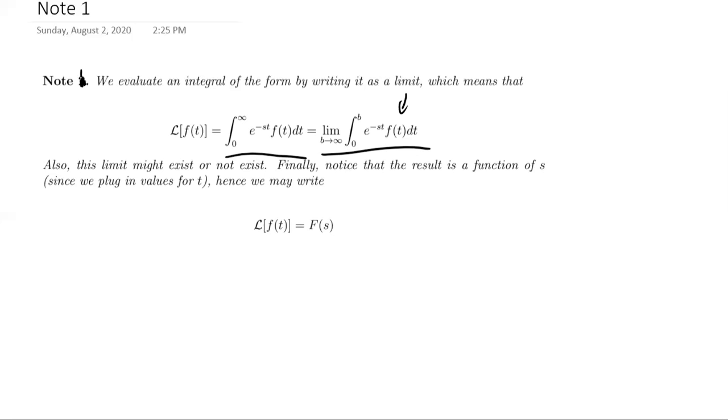Okay, so let me keep track of what I'm saying. First, we said that this improper integral might not converge, might not exist, because the limit might not exist.